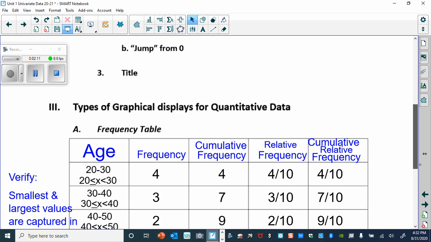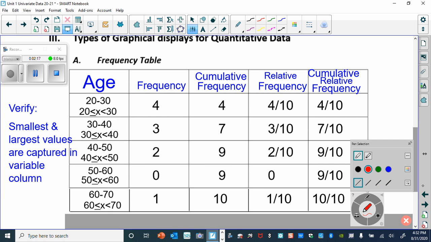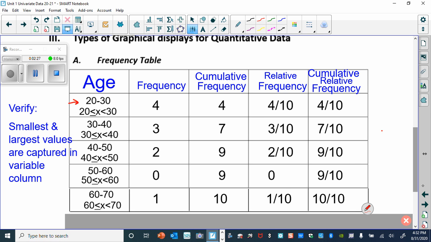And so on here, I just write this in a couple different ways. I could write that there are 20 to 30. Now, when I write this as 20 to 30, it's understood that the lower end is included, 20, and that the higher end is not included, because if you're looking at these top lines, right? 20 to 30, and then 30 to 40, and then 40 to 50, 50 to 60, 60 to 70.